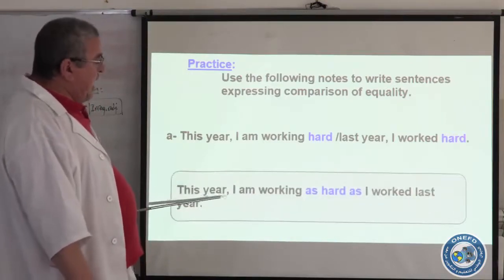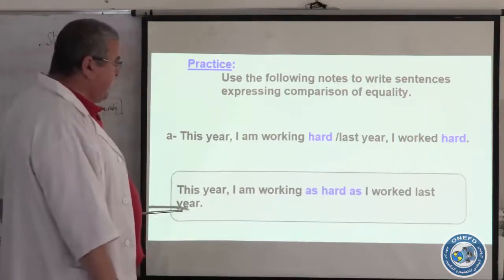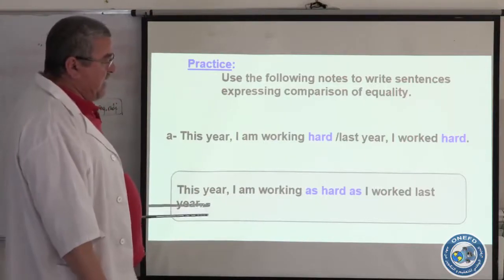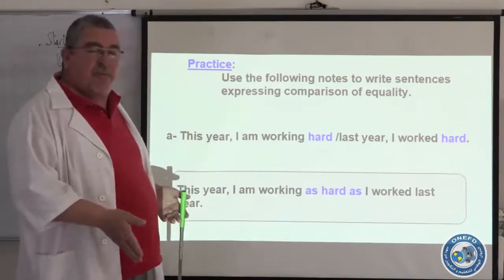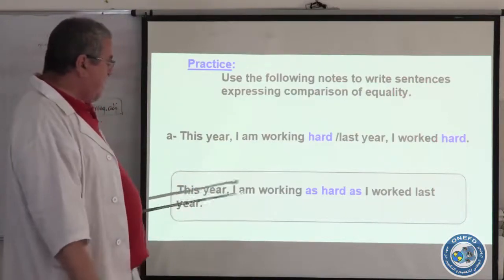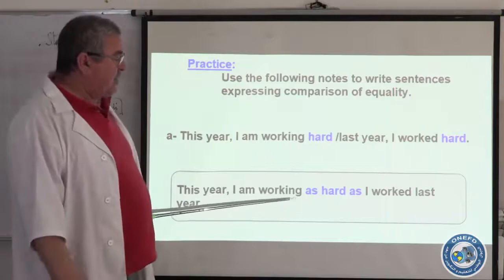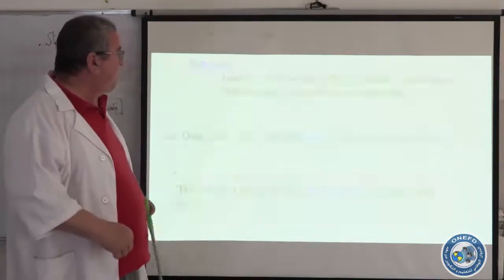This year, I am working as hard as I worked last year. That is to say, last year I worked hard, and it is the same for this year. I am working hard, and this is why we say this year I'm working as hard as I worked last year.